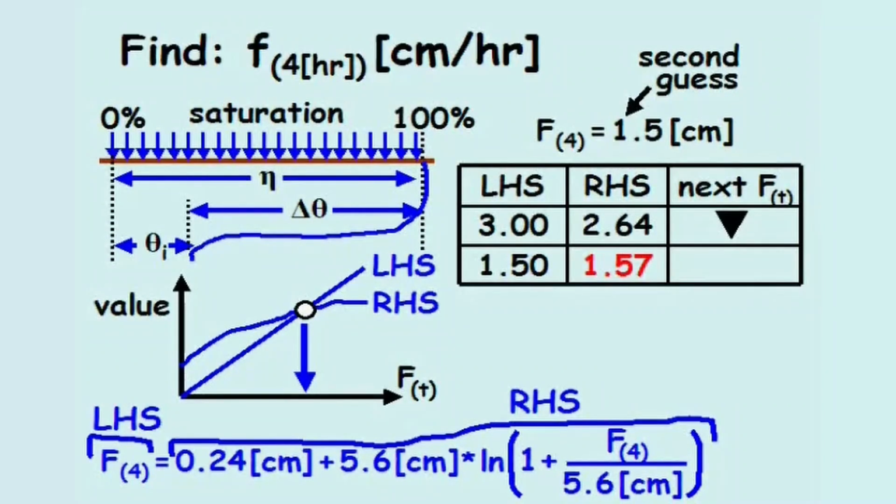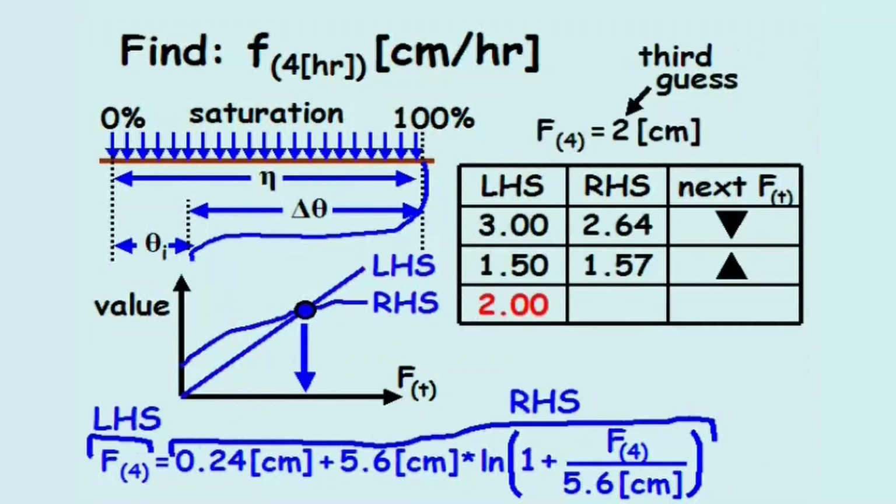Now we have a situation where the left-hand side of the equation is less than the right-hand side of the equation, as would occur when the guessed value for cumulative infiltration is too low and should be higher. 2 centimeters is tried on the third iteration. The right-hand side equals 1.95 centimeters.